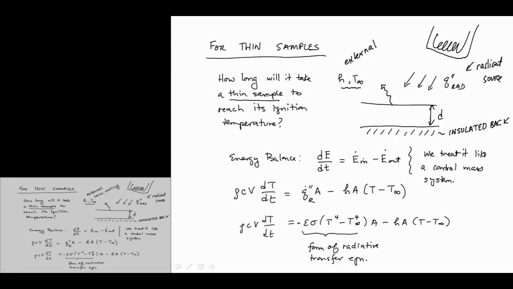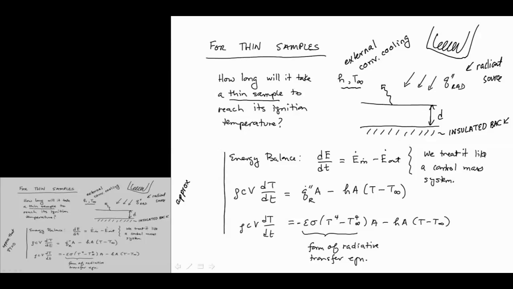Okay, because it's thin, our energy balance is relatively simple. So the absence of gradients in this system, so the approximation that there are no gradients, allows us to set up an overall energy balance on this system.